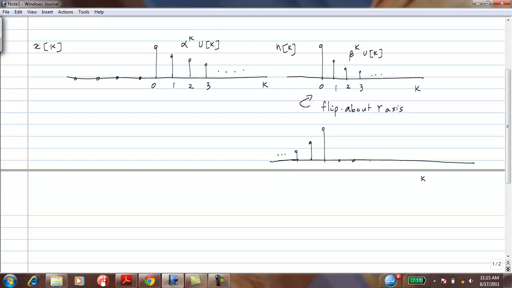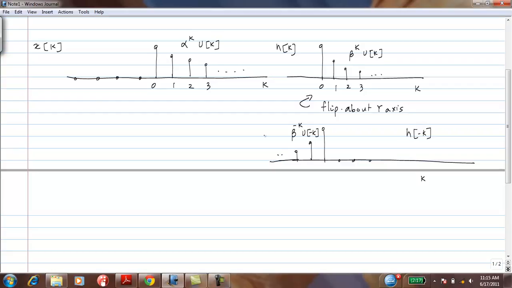It will be 0 everywhere here. And the signal is now given by beta to the minus k for negative values of k. But the whole signal is beta to the minus k times u of minus k. Just this part of it is beta to the minus k. So what is this? This is h of minus k.